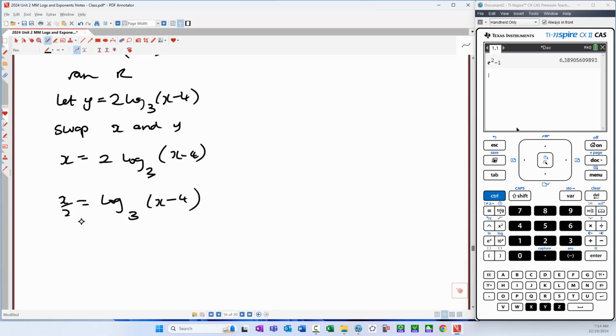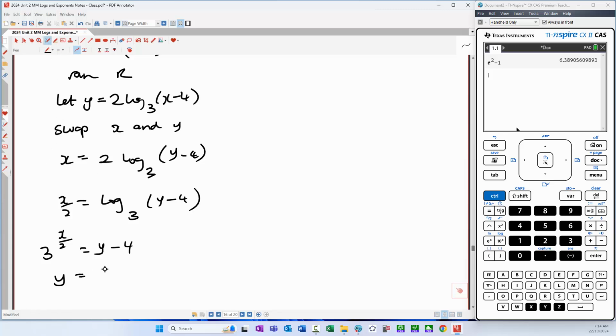Okay, now we're going to switch to exponential form. So we're going to say 3 to the x on 2 equals x take 4. Ooh, hang on. I should have swapped x and y, and I've got 2 x's. So change that, and change that. It's always a bad sign when you're trying to solve for y and there is no y.